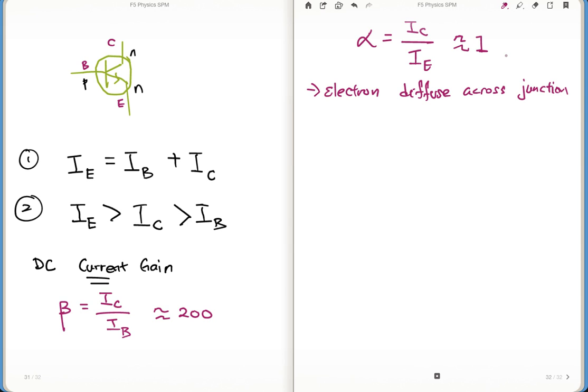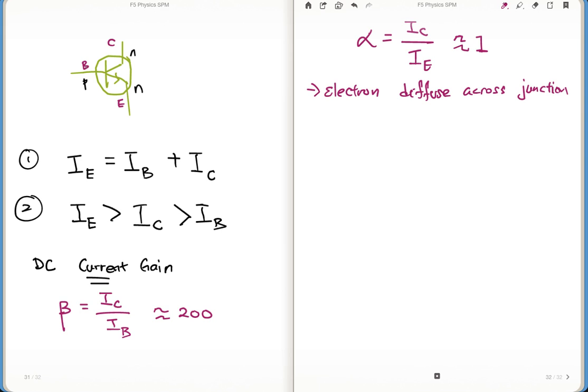Now, previously I also mentioned the semiconductor parent material is actually silicon, and it's doped with either group 13 or group 15 to make it either N-type or P-type. So the parent compound is actually silicon.